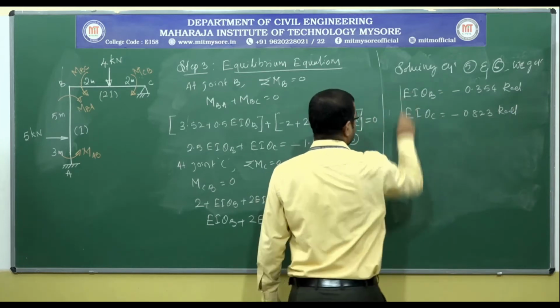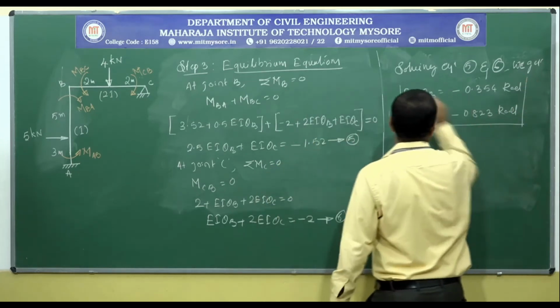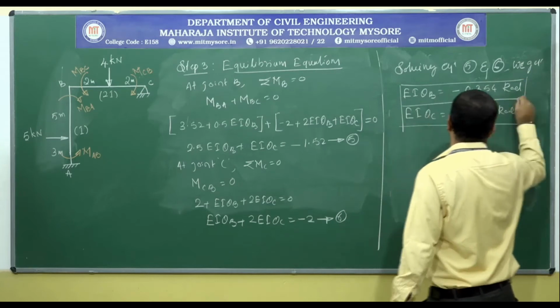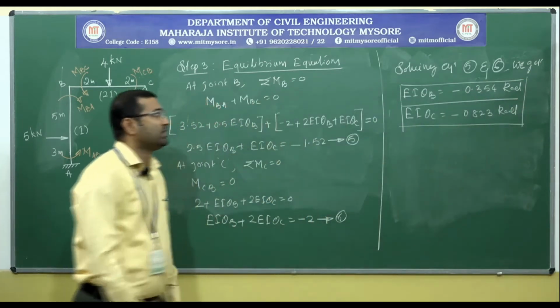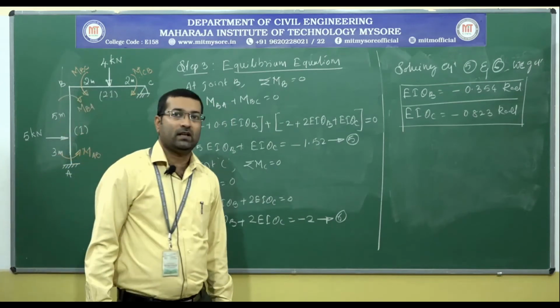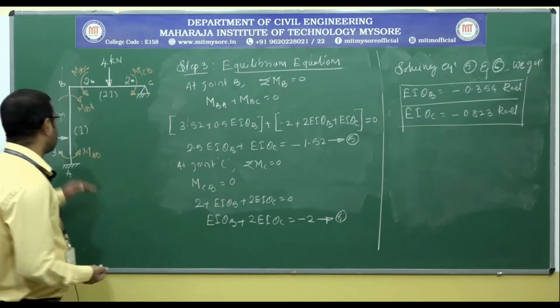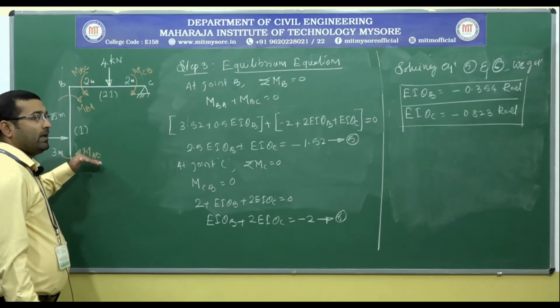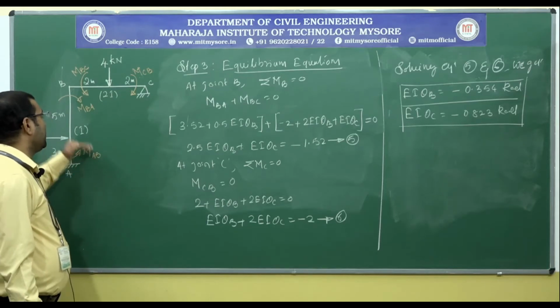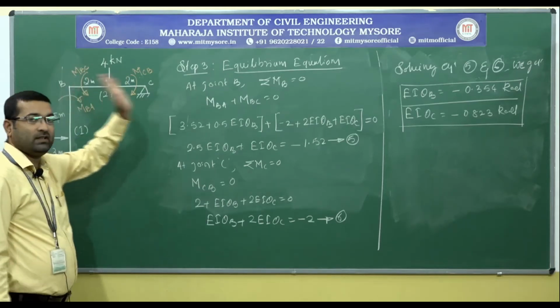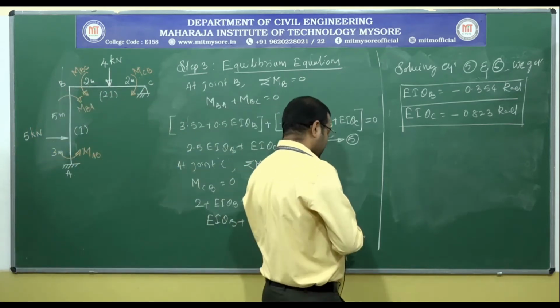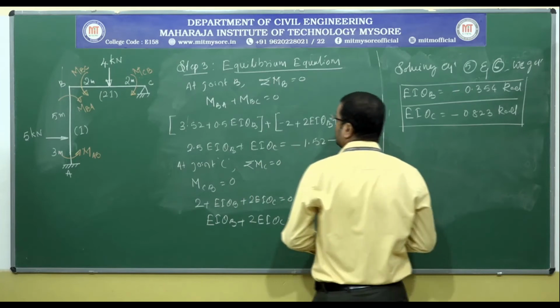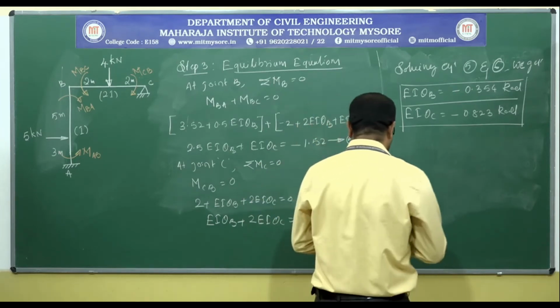So, these are the values of EI theta B and EI theta C, right. So, using these values we need to work out the final end moments, that is we need to calculate how much is the end moment at A, that is MAB, MBA, MBC and MCB. That we can do from the slope deflection equations.